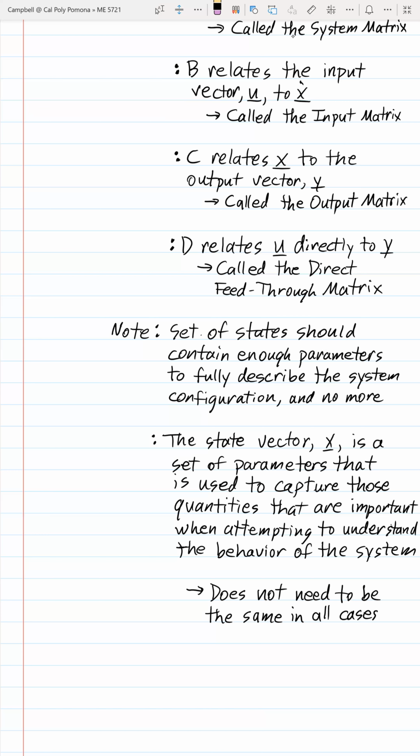And for the very same system, we could redefine the states to make sure they align better with what we are interested in, so that we can then work with a more efficient description of what's going on.